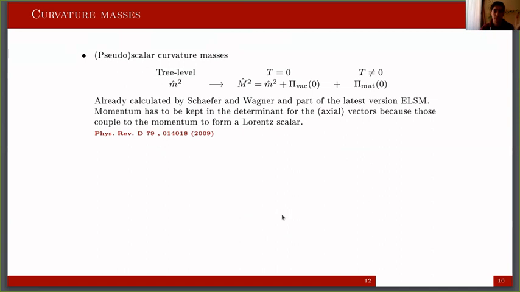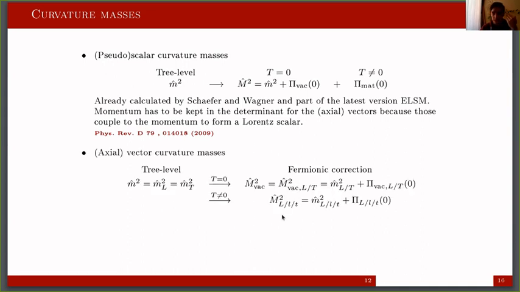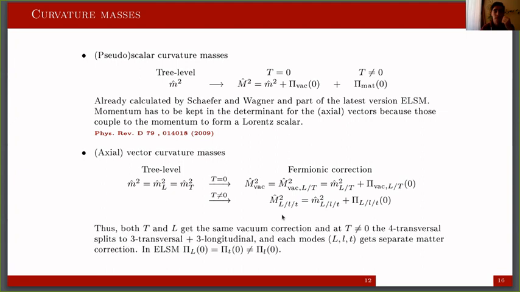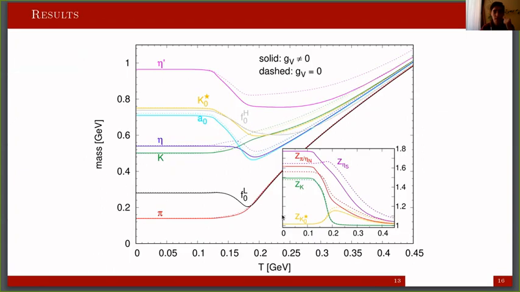It will not be applicable directly for the vectors and axial vectors, even if there were some trials in the literature. Okay, what is really new is the axial vector and vector curvature masses, which you can write up at finite temperature. And I want to show the results already.